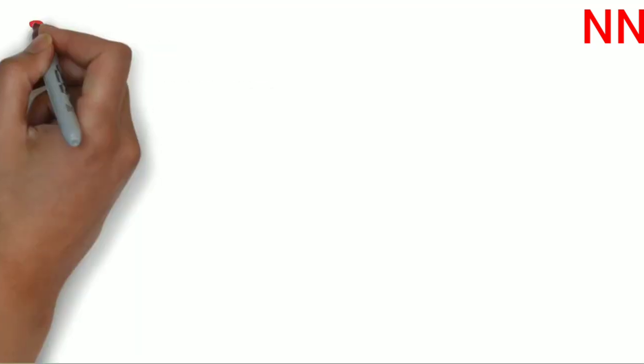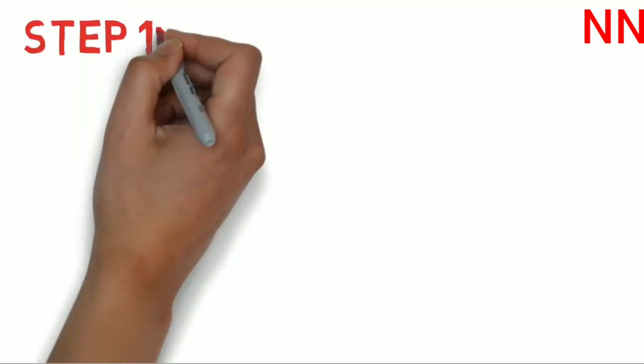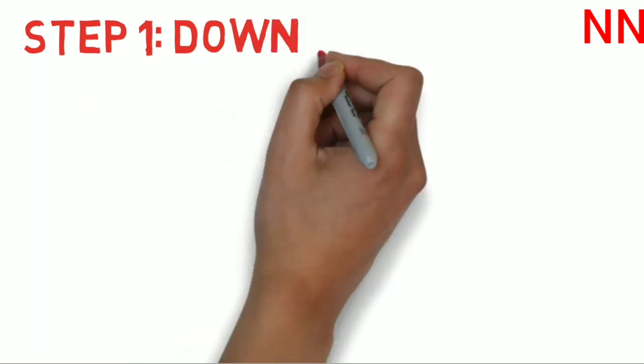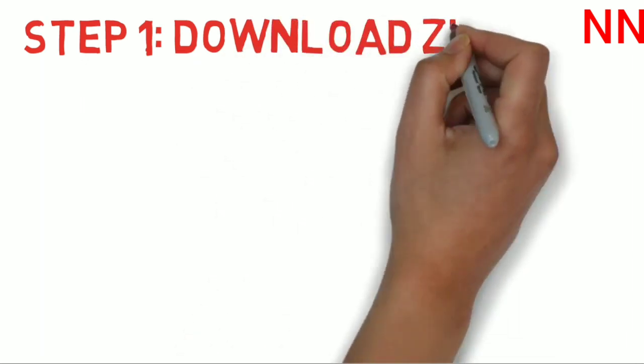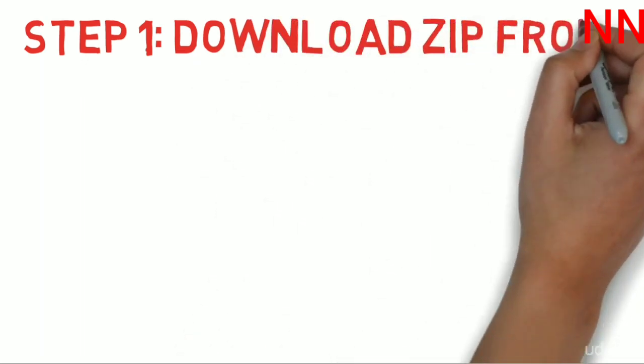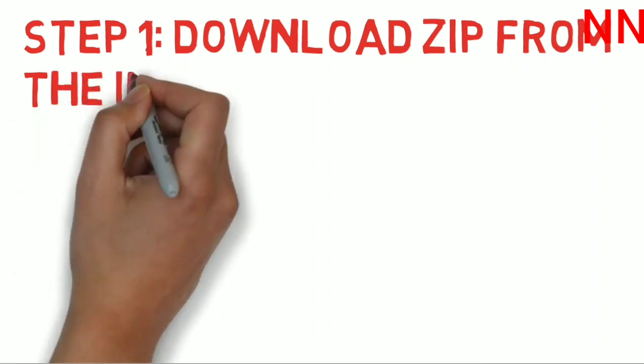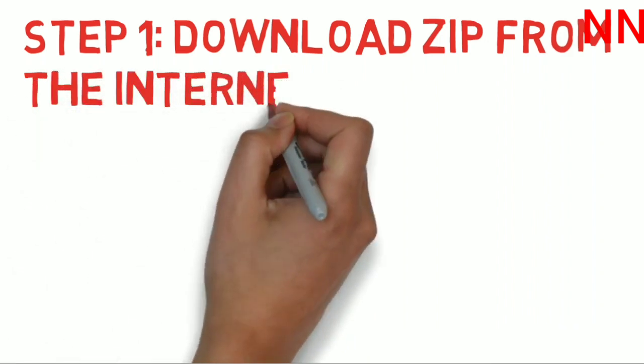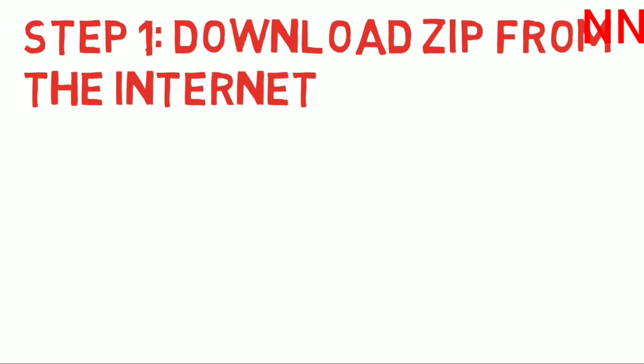So how do we get from this input to output? Step 1 is to download the zip file from the internet. Python has a 2-line way to download a file from an internet URL and then save it to a file on your local disk.